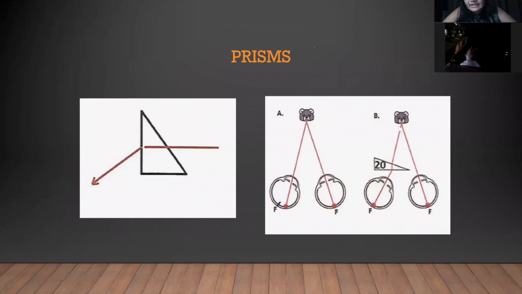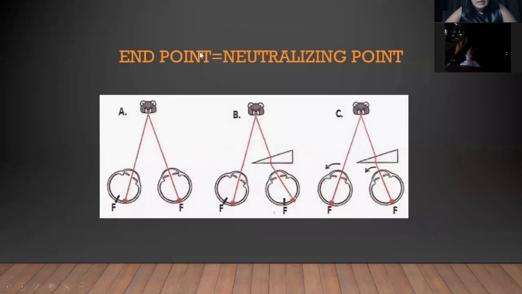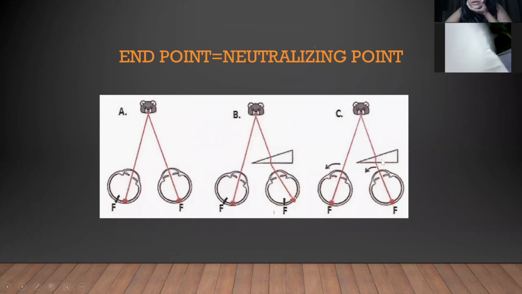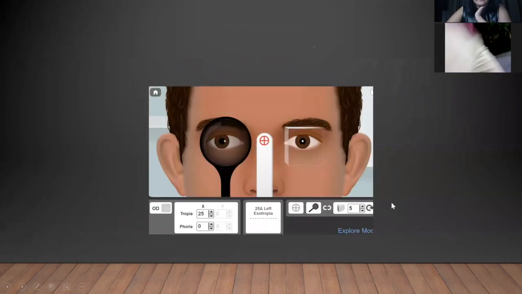And here, when you put in a prism of the exact amount, the image will fall on the fovea, and because it falls on the fovea, you see no movement, which is how prisms work. Hence, if you use a lower power, you will see some amount of drift from the central position. And if you use the final amount, you will see the neutralizing point.